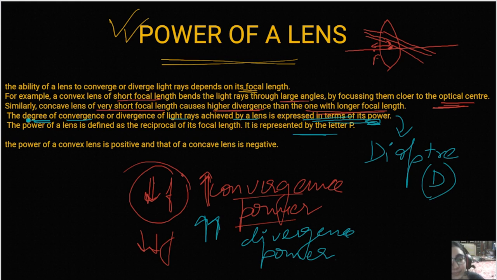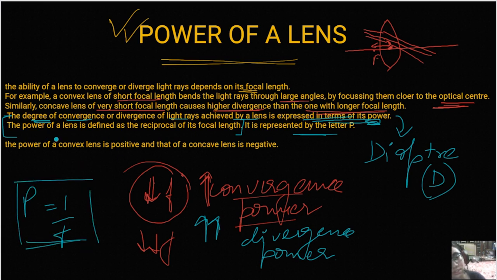So the power of a lens is defined as the reciprocal of its focal length. So when we calculate power, we write P equals 1 by F. The power of a convex lens is positive and that of a concave lens is negative.